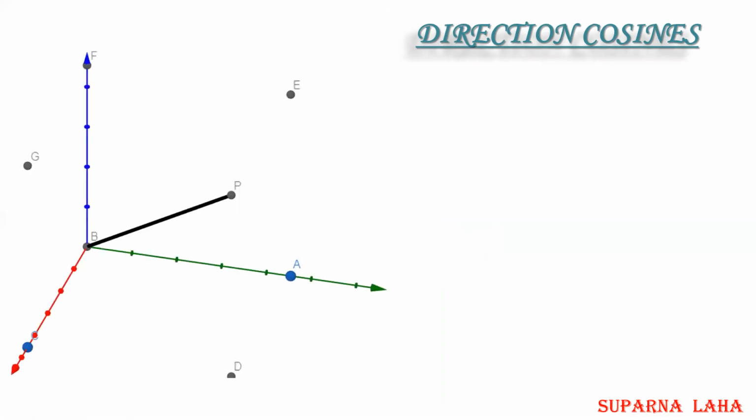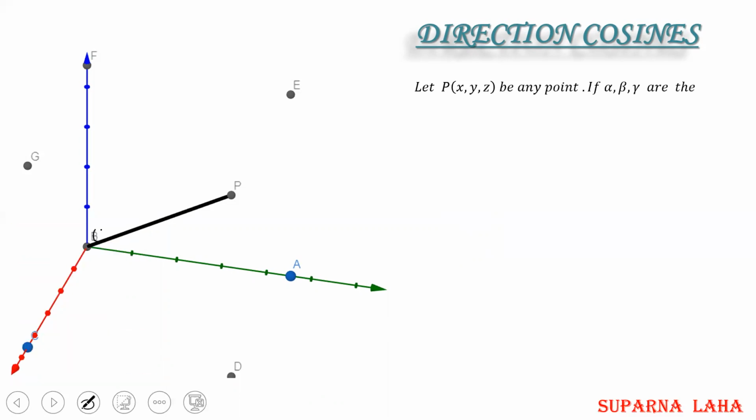Okay, now let's talk about direction cosines. To understand what direction cosines are, you first need to know what a direction angle is. Take any point P, and suppose this is O. OP is any position vector, or you can take any line OP.